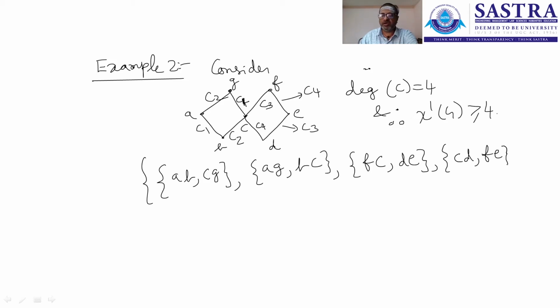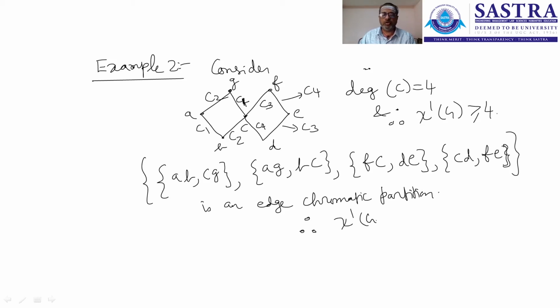This is all undirected graphs, no direction, so you can write CD or DC as the case may be. This is an edge chromatic partition, and therefore you conclude chi dash of G is less than or equal to 4.